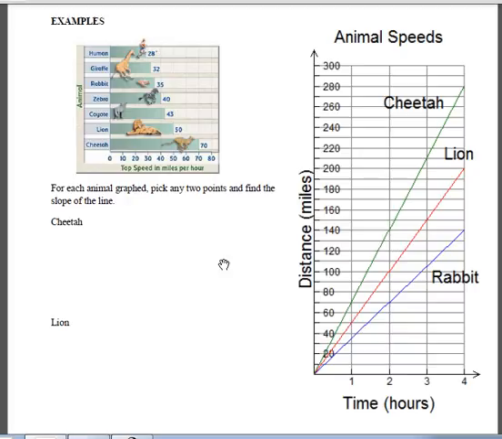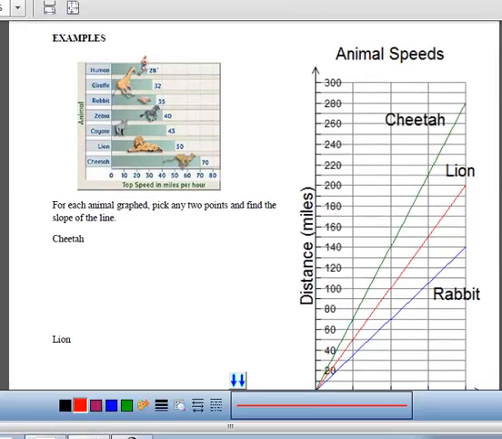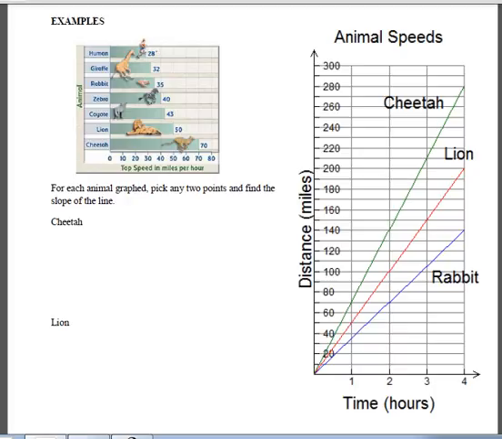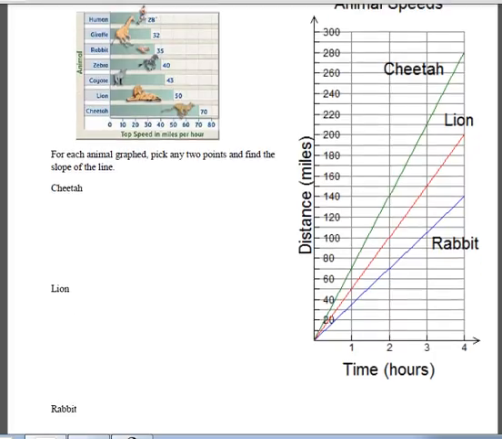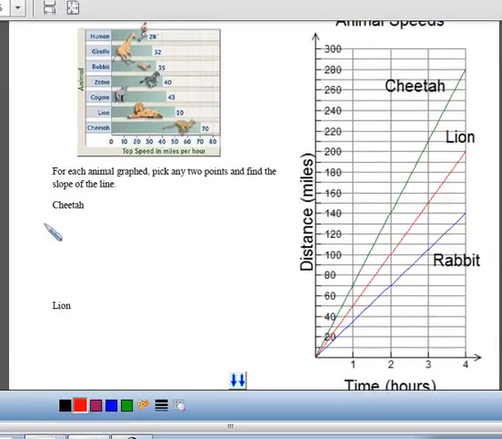Before we pick the 2 points, I'm going to show how you can do this 2 ways. I'm going to do the graph, and then I'm going to do the mini table.